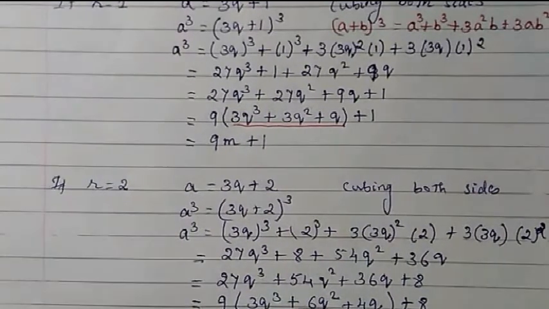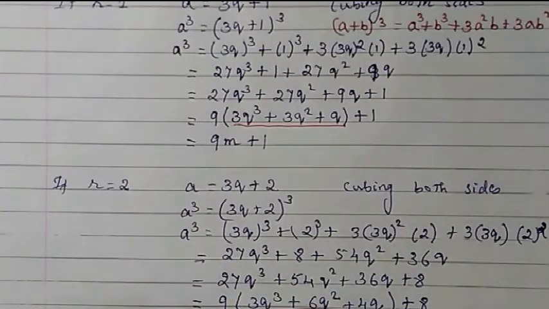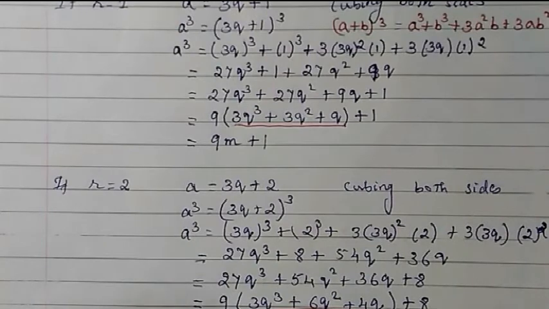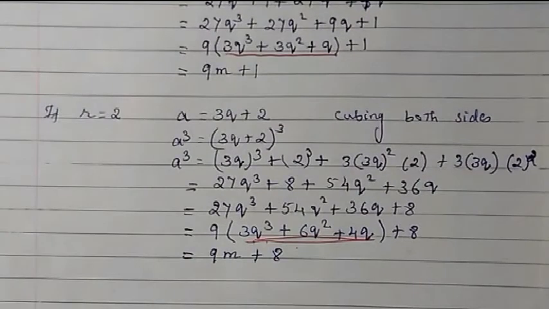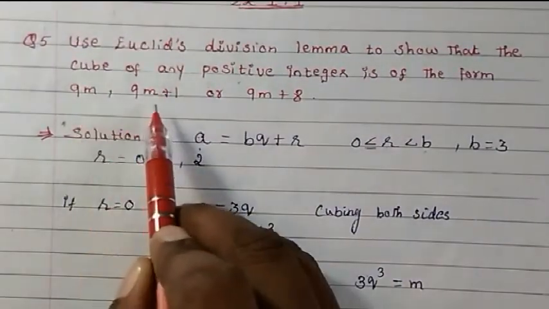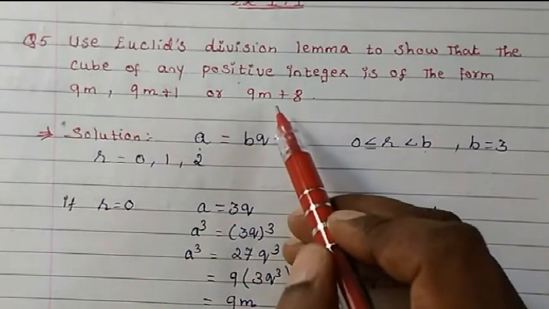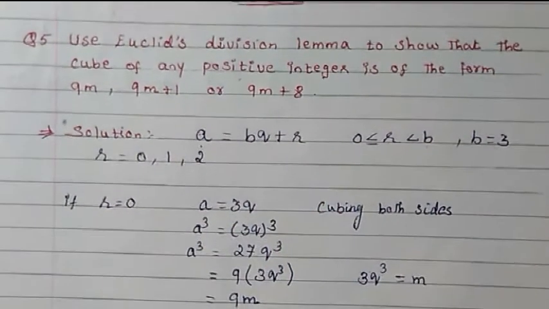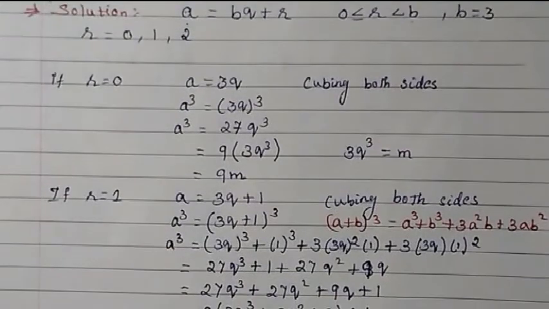Now the whole thing in brackets if we consider as m, then we'll get 9m plus 8. So we have written it in the desired form asked in the question, that is either 9m or 9m plus 1 or 9m plus 8.